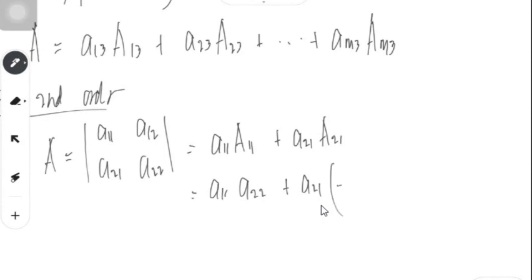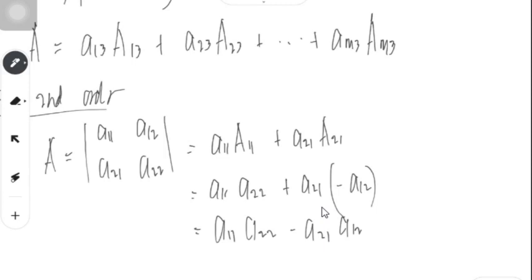Speaking of A21, delete the row and column containing A21. And what will be left is simply A12. And if we're going to simplify, it is A11 times A22 minus A21 times A12. Tingnan natin, using diagonal, A11, A22 minus A21, A12. So we arrive at the same value.